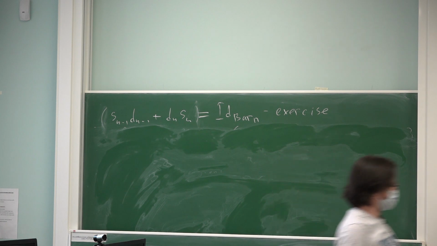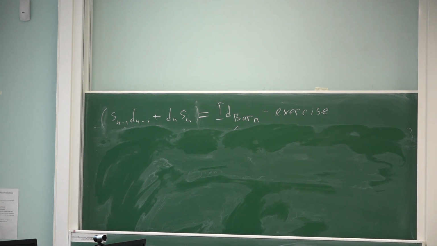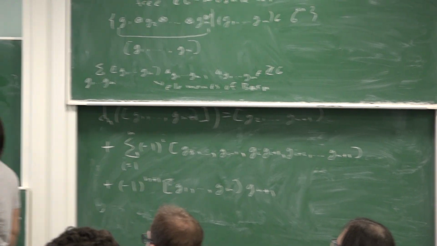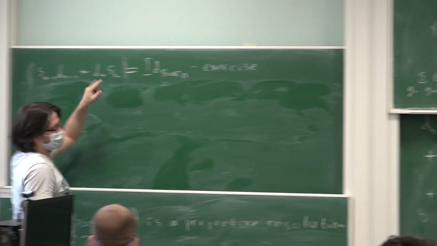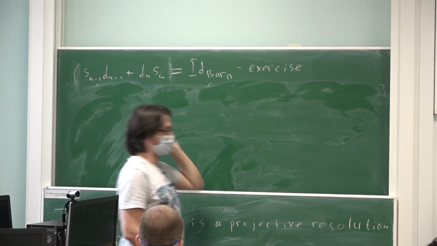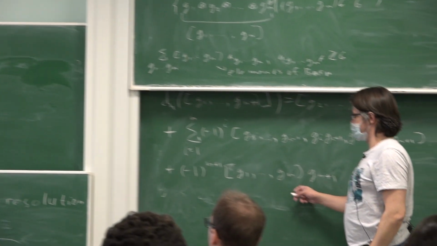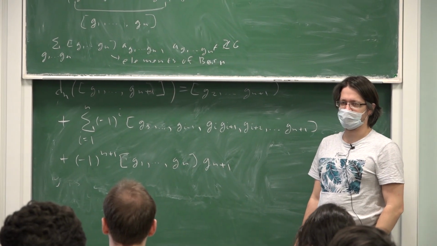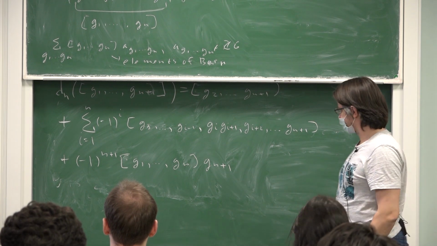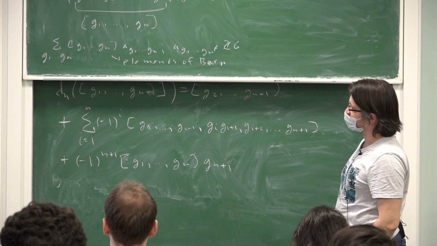So we need to take an element of this form and apply to it this thing, take the sum and see that only this guy will survive.